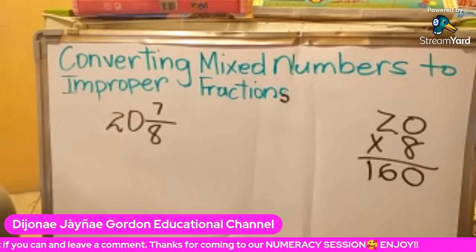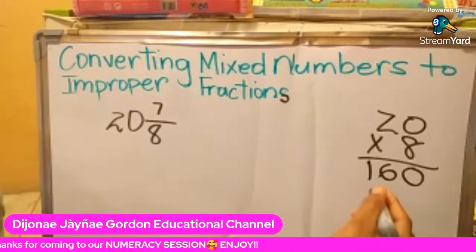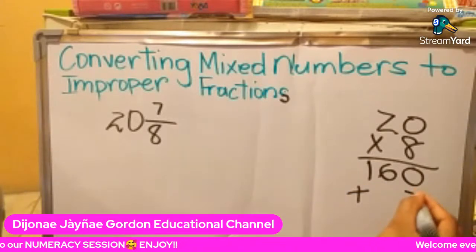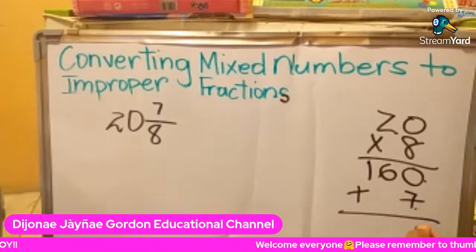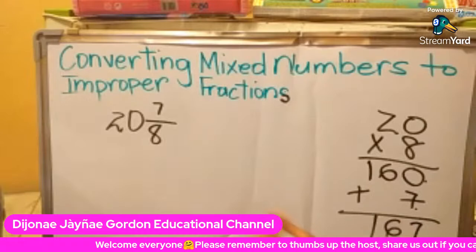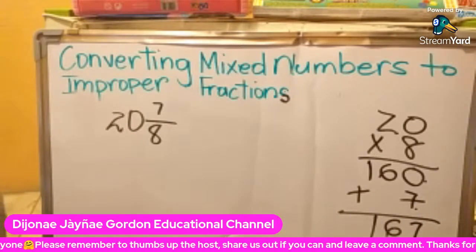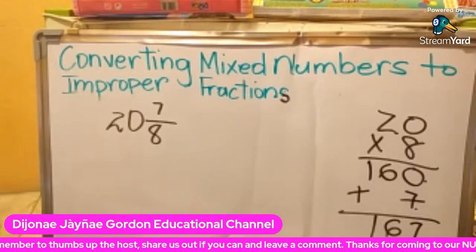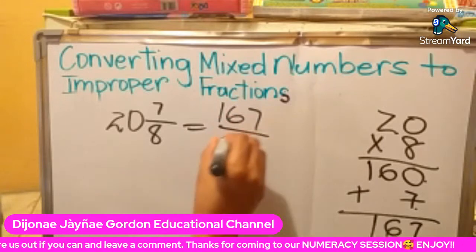So your answer right there is 160. So now you're going to add 7 to it. So 7 plus 0 is 7, 6, 1. 167. So your answer is going to be 167 over 8.